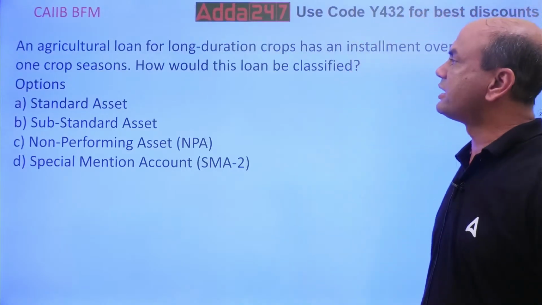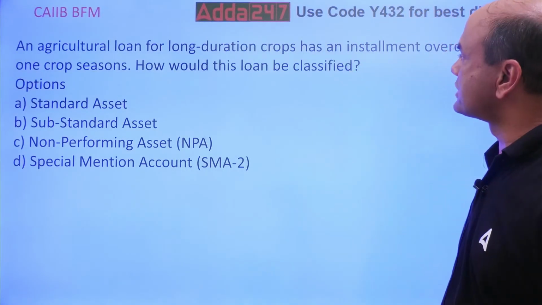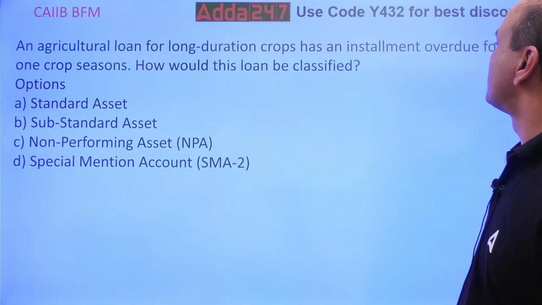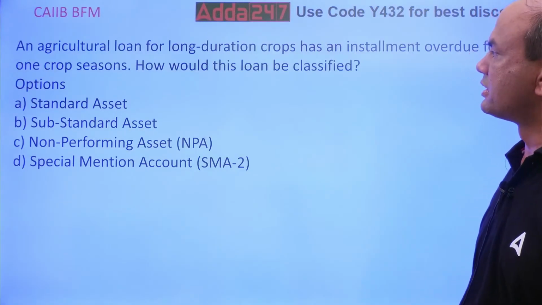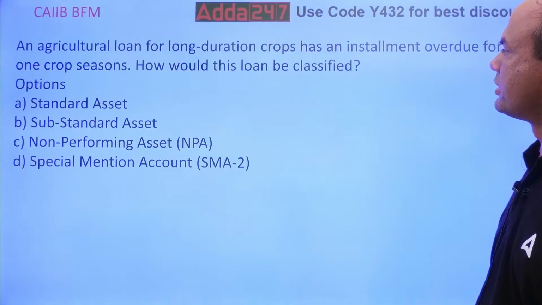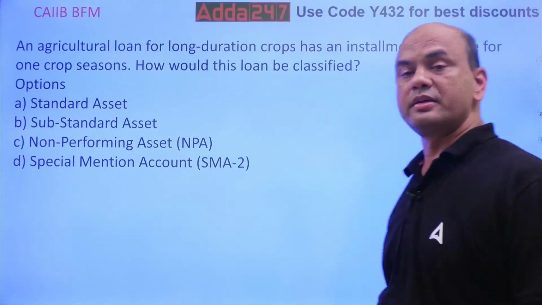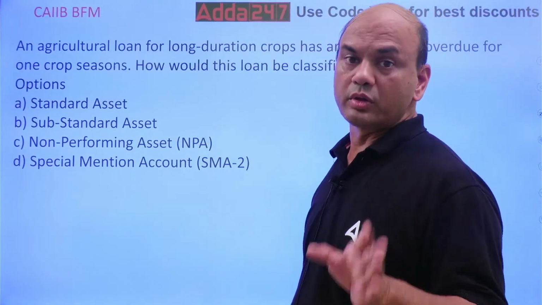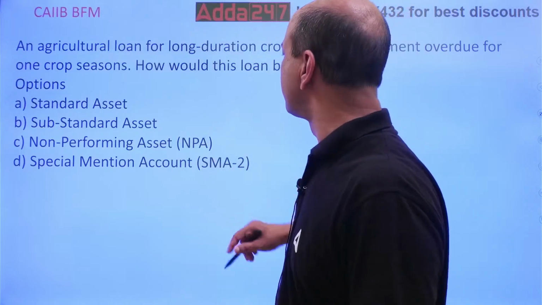An agricultural loan of long duration crop has an installment overdue for one crop season. How would this loan be classified? Now think. Agri loan, long duration crop.